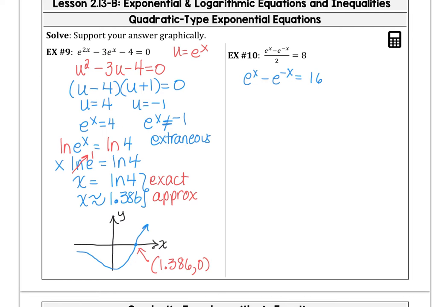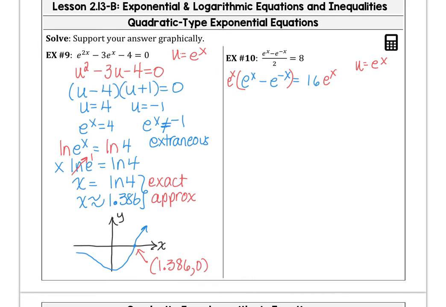If we let u equal e to the x, and we multiply both sides by e to the x, we can create a quadratic where we have e to the 2x minus e to the 0 is 16 e to the x. And by substituting u for e to the x, we have u squared minus 1 is equal to 16u.